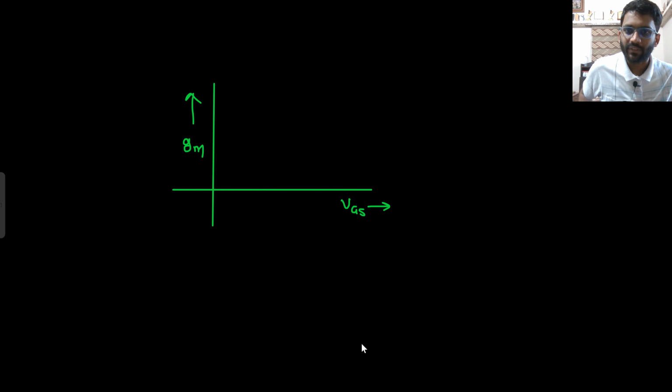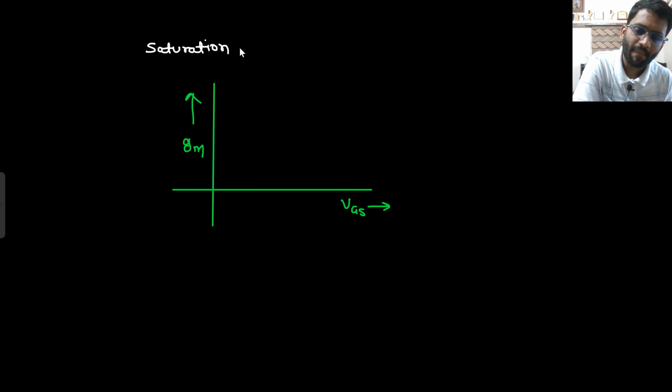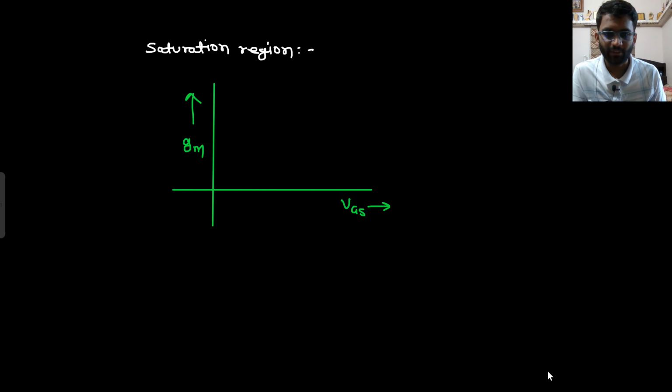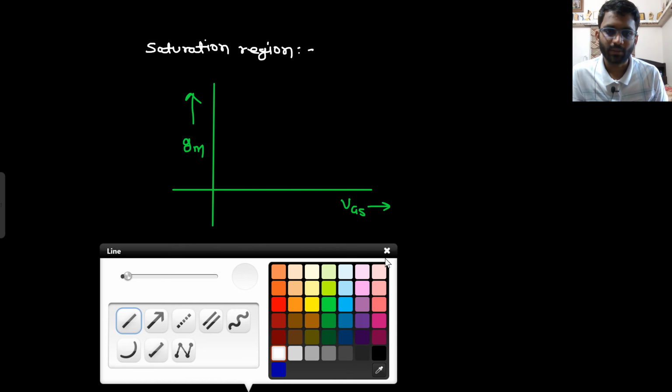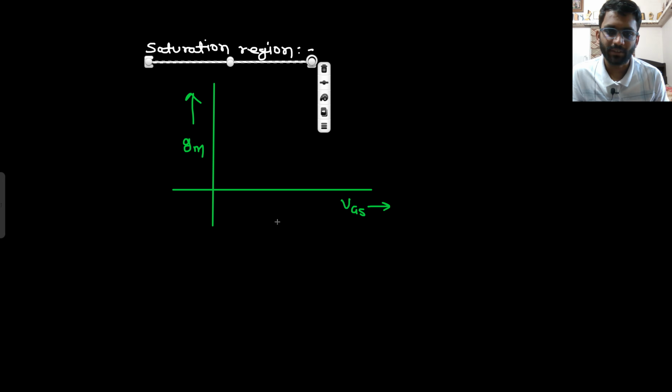Yeah, so this we have found. Now the Gm versus VGS curve, this we are drawing for the saturation region. Just a second, it is lagging too much. Yeah, so we were drawing the Gm versus VGS graph for the saturation region. What is the expression in the saturation region?